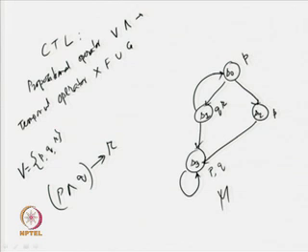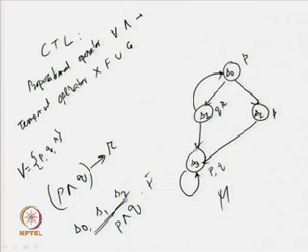In states S0, S1 and S2, the component P and Q is false. P is true but Q is false, Q is true but P is false, and P is true but Q is false. So, P and Q is false in these three states. Since this is false, P and Q implies R will be true in these three states.